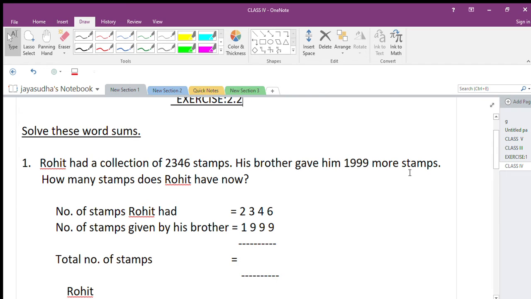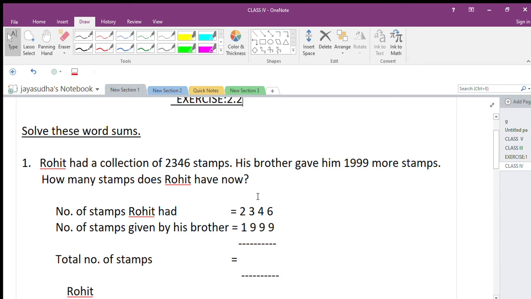Who gave here? His, Rohit's brother. His brother means Rohit's brother gave him the 1999 more stamps. How many stamps does Rohit have now? This is what you want to find out in this sum.